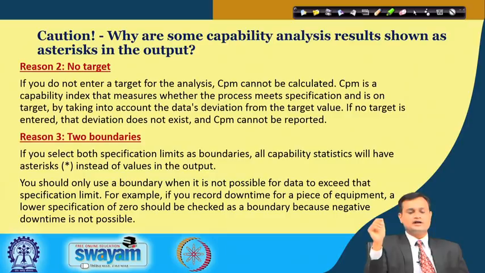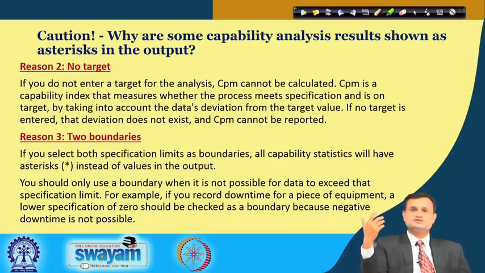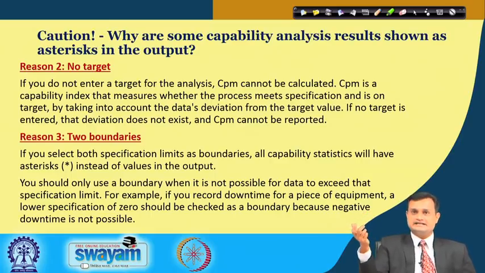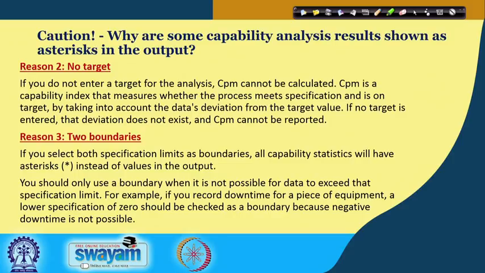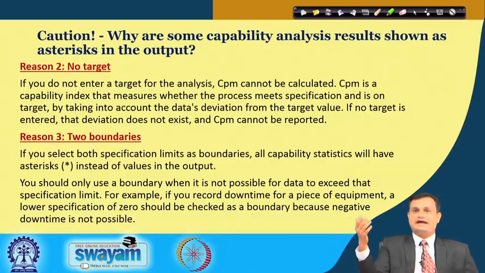If you do not enter a target for the analysis, CPM cannot be calculated because this is the Taguchi process capability index, which demands that you specify the target. If you are not interested in that kind of analysis, fine, you may not enter it, but otherwise it will show you the asterisk. Two boundaries: if you select both specification limits as the boundaries, all capability statistics will have asterisks instead of values in the output.